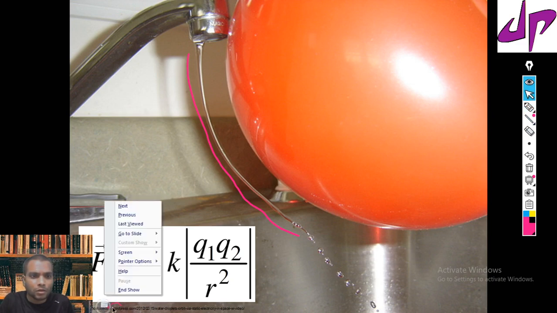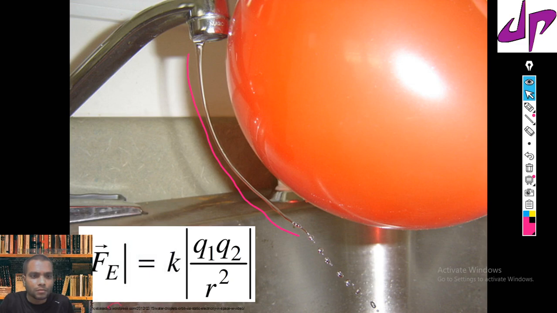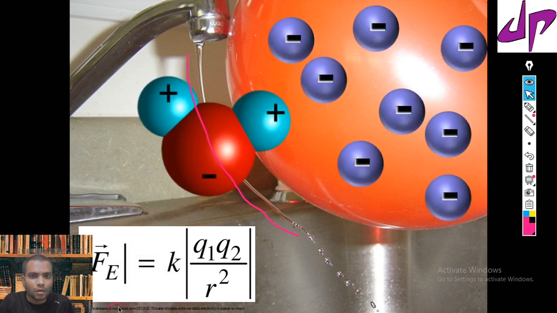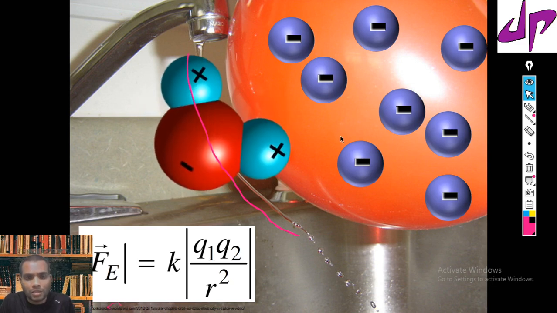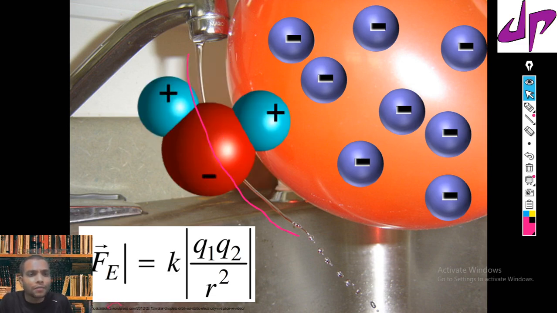This is because when we bring a charged object, if this balloon is negatively charged and the water molecule is trying to attract that charged object, the water molecule turns by itself.